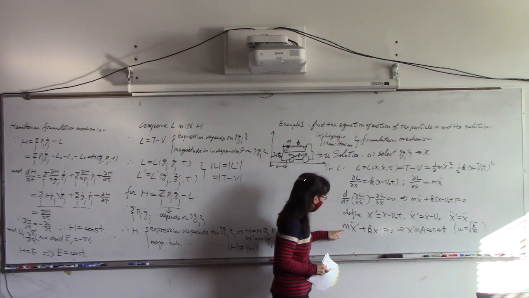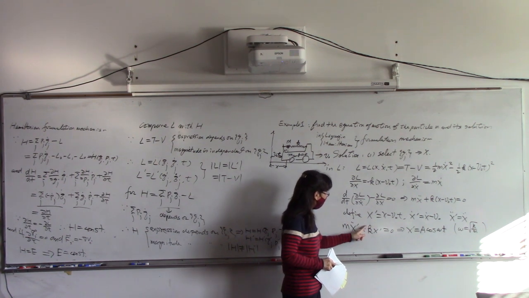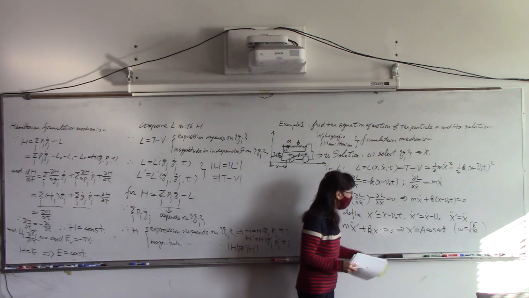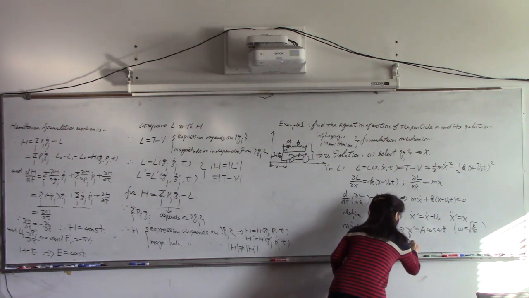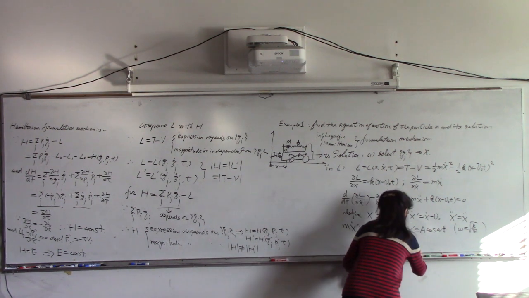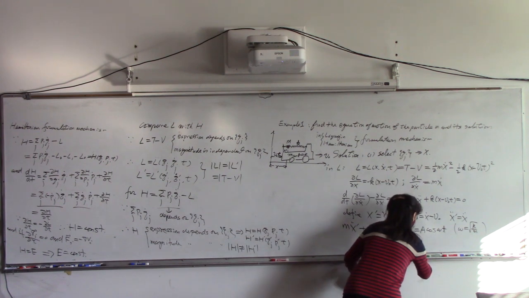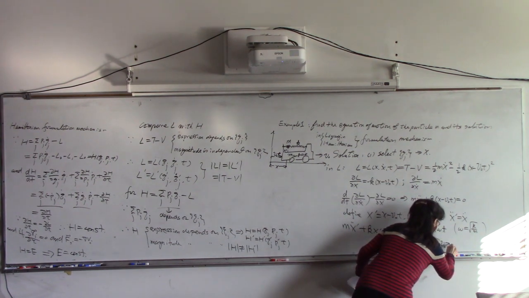Right? If I divide by m, then this is x double dot prime plus omega square x prime. Then immediately we can have x, because x has a relation with x prime: x equal to x prime plus v naught t, right? So that is cosine omega t plus v naught t.